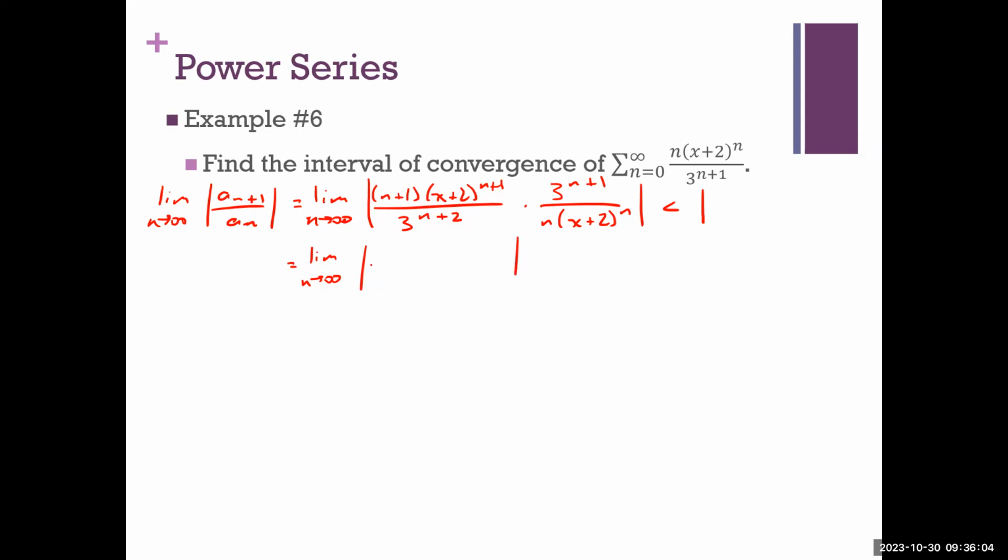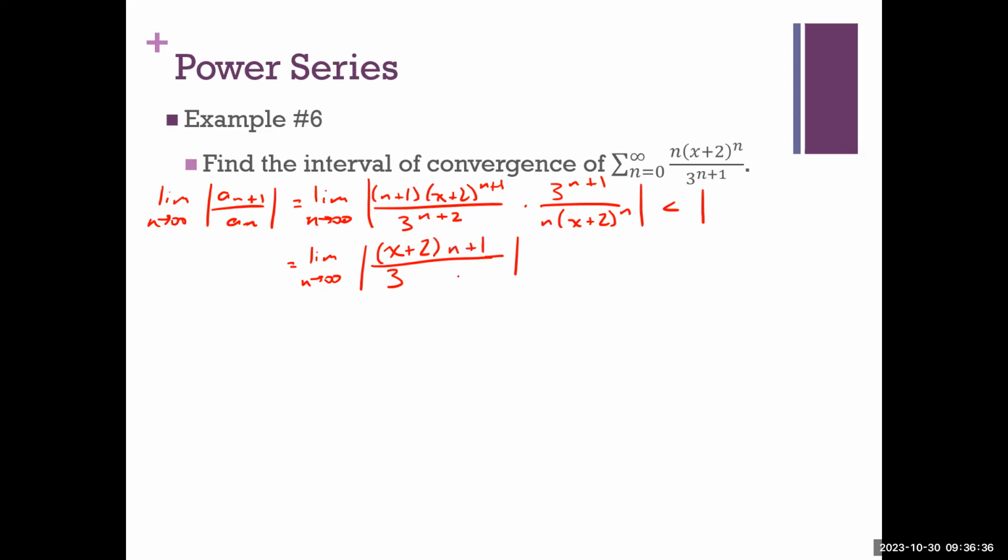A 3 remains in the denominator. And then you can also simplify the x plus 2 to the n, so it becomes x plus 2, on the top. So x plus 2 times n plus 1.